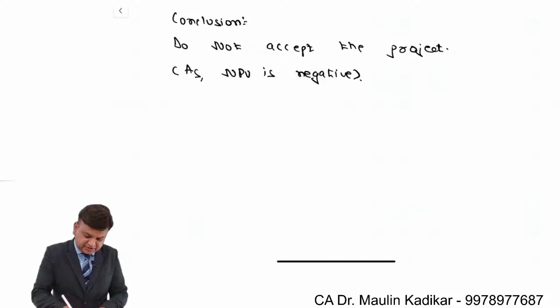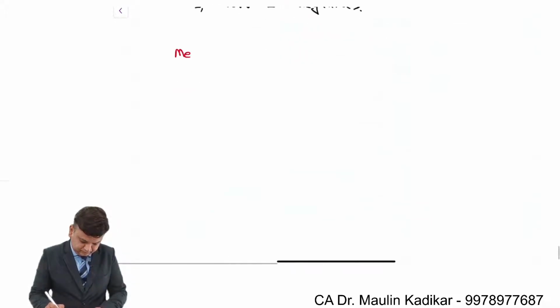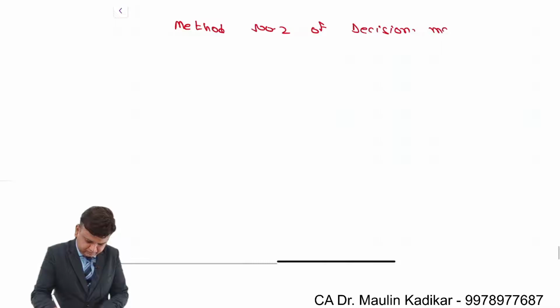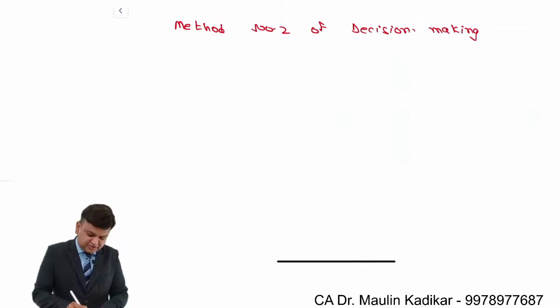Method number 2 of decision making. The second method of decision making is the foreign currency approach.